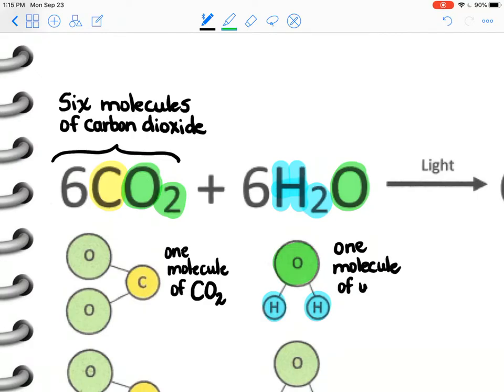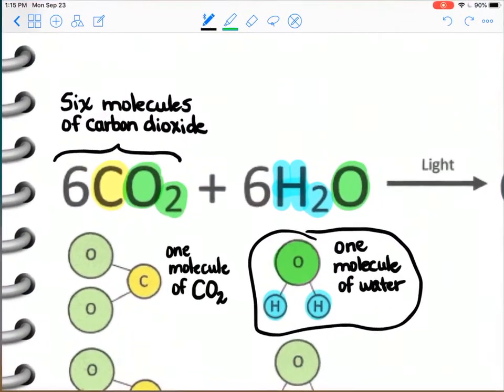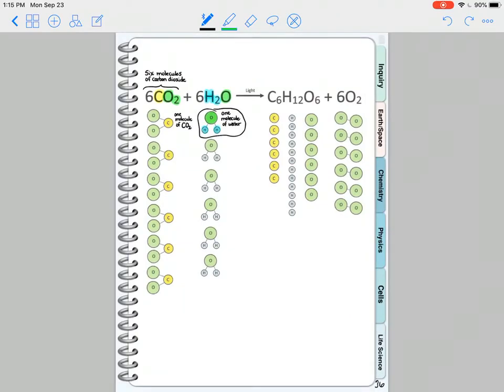So this is 1 molecule of water right there. And we have how many? 6 of them. So let's look at this picture. Whoops. And make sure there's 1, 2, 3, 4, 5, 6 molecules of water.